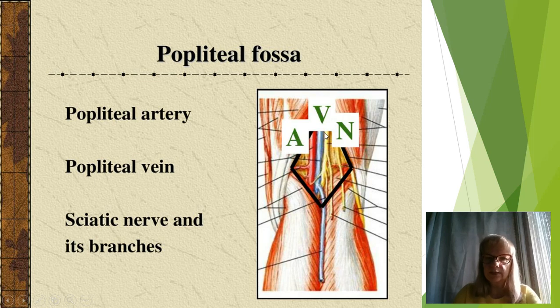We have two big branches. On top of the popliteal fossa, it splits into the tibial nerve and the common peroneal nerve. The common peroneal nerve deviates more laterally, and then in the popliteal fossa we have just the continuation, one branch from the sciatic nerve, the tibial nerve. Popliteal artery, vein, and tibial nerve.